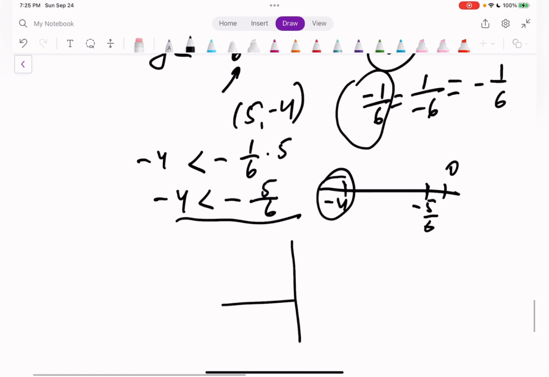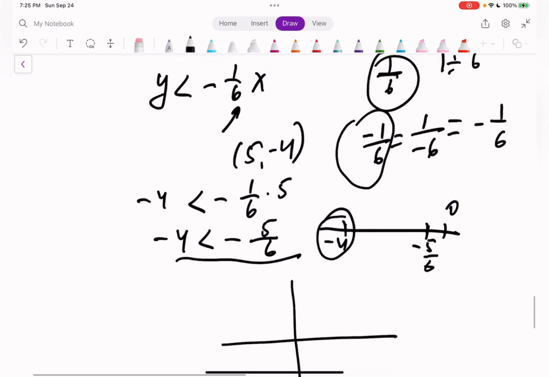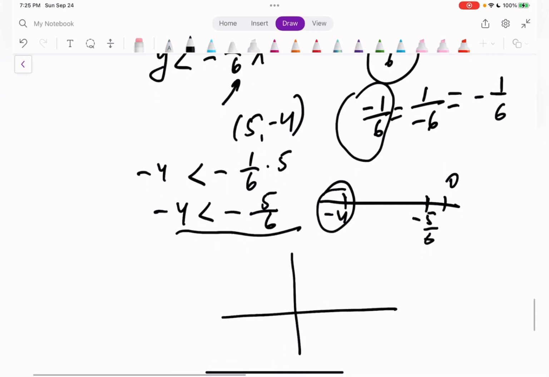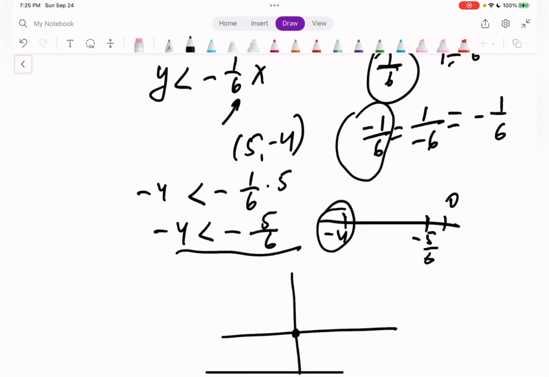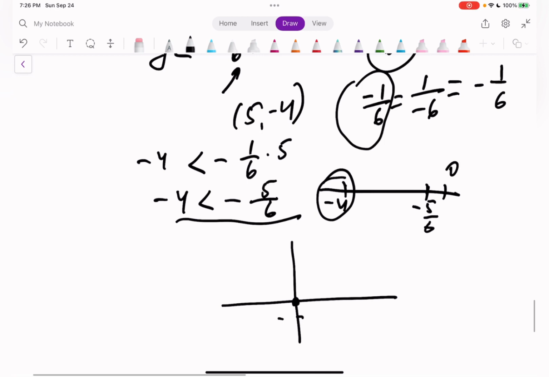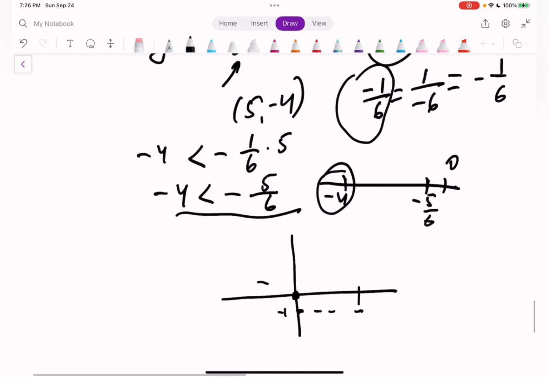We are going to shade. Our graph was something like this, right? X is 0, y is 0, and then minus 1 and positive 6. Coming here, positive 6. Yes. And because the equal sign is missing, we are going by dashes. And we decided that this side is going to be our solution because we got less.